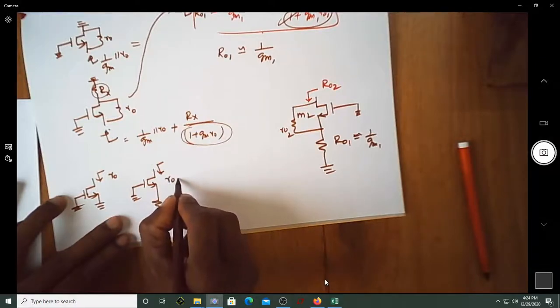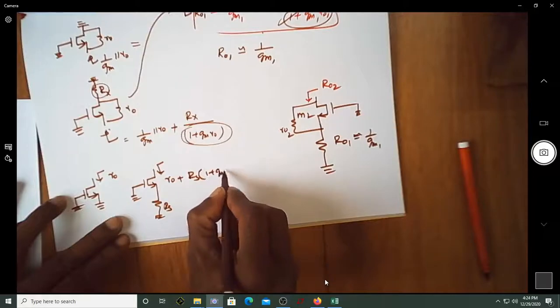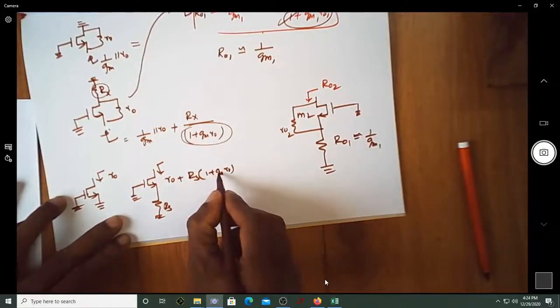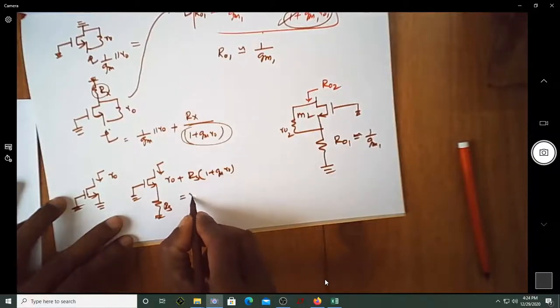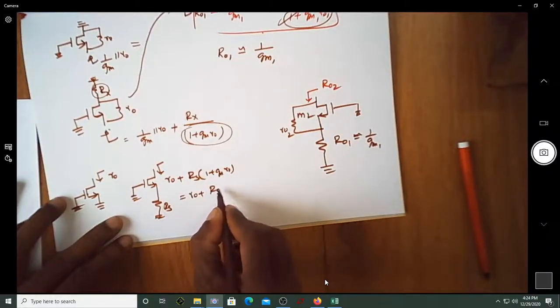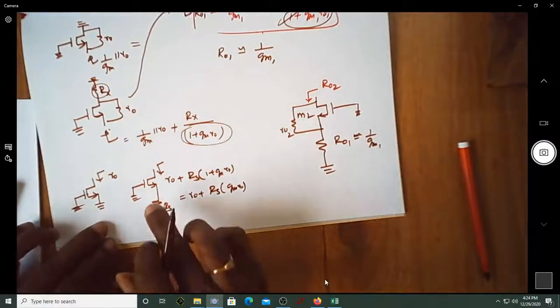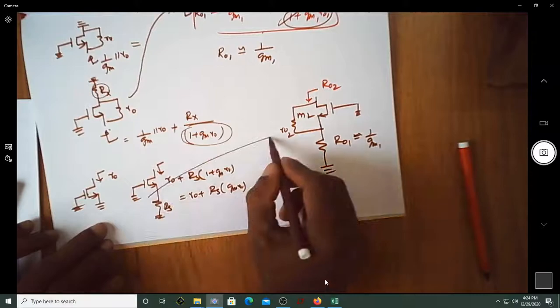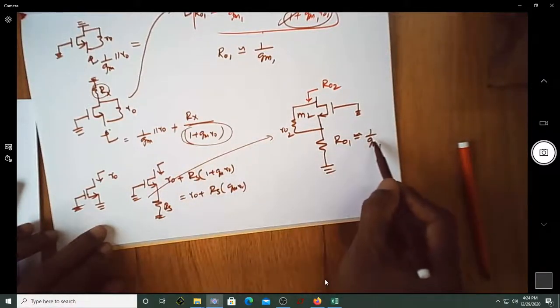It is R0 plus RS into the intrinsic gain, Gm into R0. Of course, since Gm into R0 is very high, you can certainly neglect this one. You can write it as R0 plus RS into Gm into R0. Can you see, are these two situations exactly same? They are exactly similar. Instead of RS, I have 1 over Gm1.